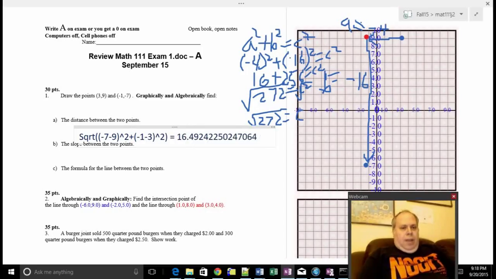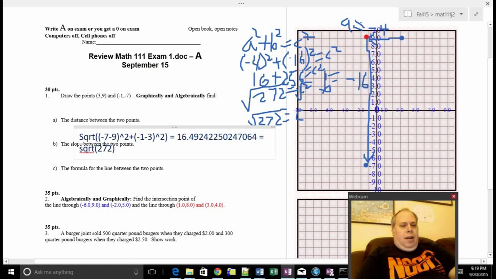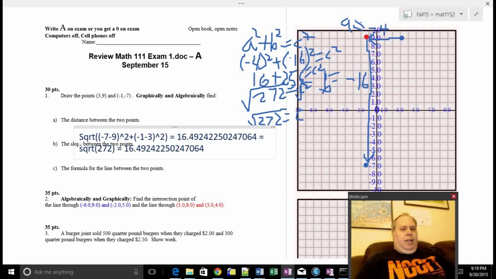And that's going to give me this, which is actually, if I said the square root of 272, SQRT of 272, what I got before, I get exactly the same number. So that checks. It all checks out.